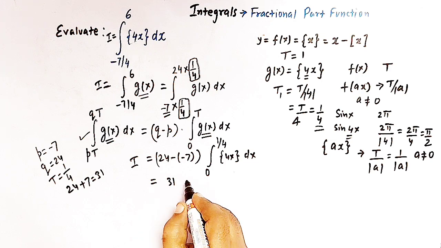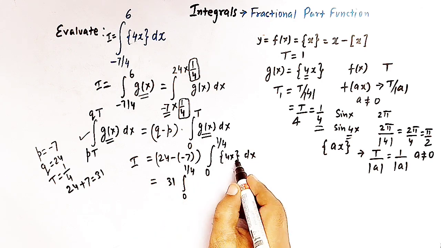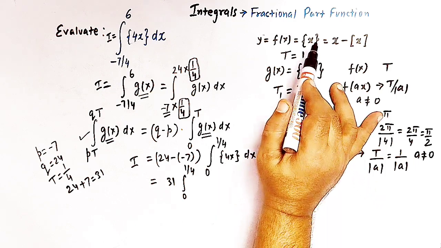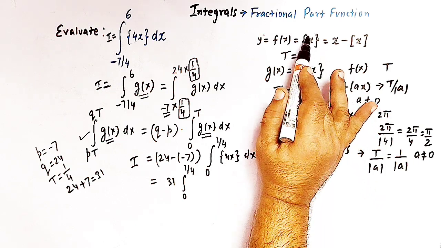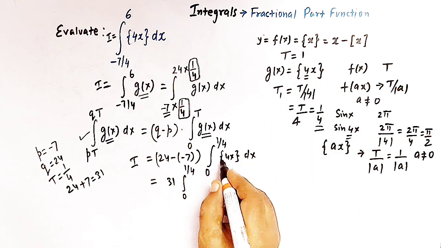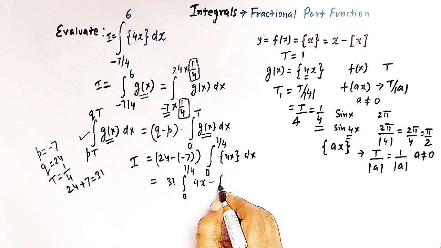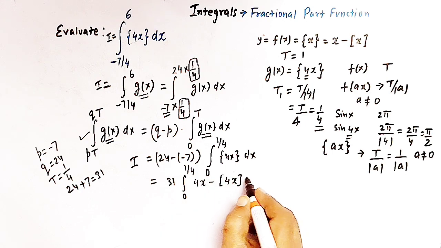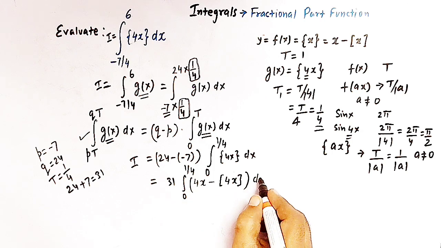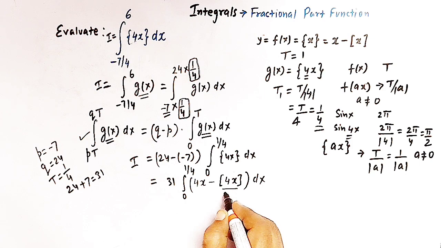Now this is 24 plus 7, because minus and minus becomes plus, and this is 31. So here we have 31 times the integral from 0 to 1 by 4, and the fractional part of 4x can be expressed using the definition of the fractional part. So the fractional part of 4x is equal to 4x minus the greatest integer of 4x, right? Now we have to evaluate this integral, and let us first concentrate on this term.